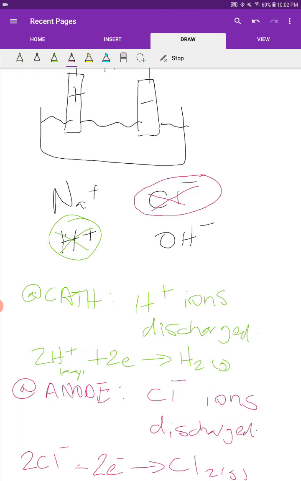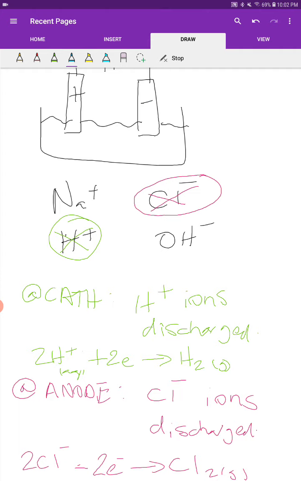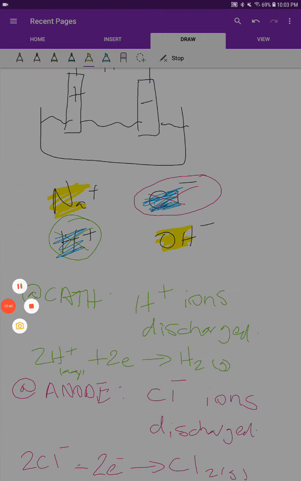Another thing is that if we look at what is being removed during the process, we're removing hydrogen and we're removing chloride. So our solution is becoming richer in sodium ions and hydroxide ions. So it's becoming richer in sodium hydroxide. It's becoming richer in that alkaline compound.